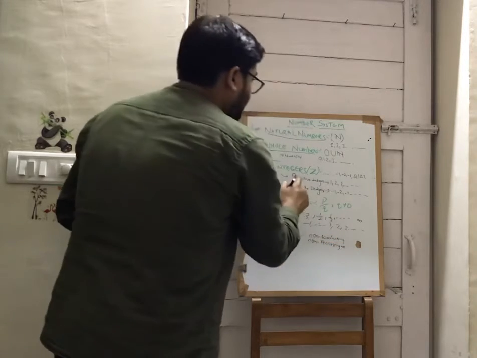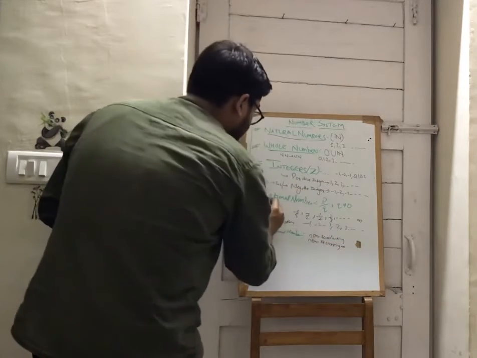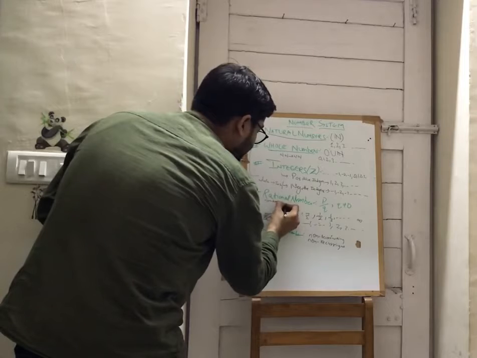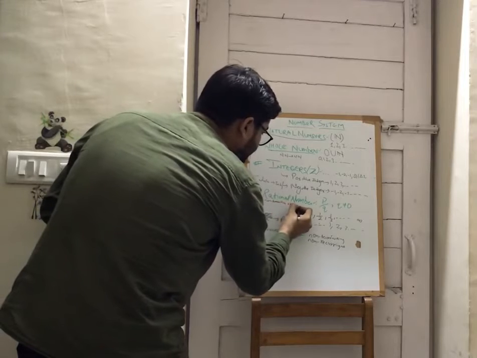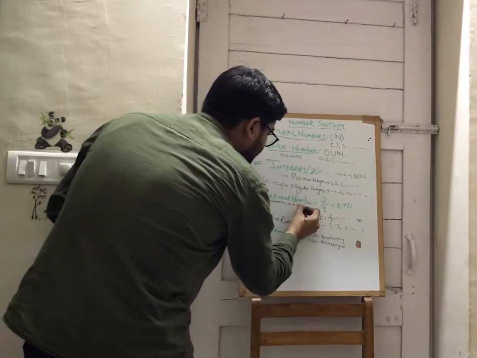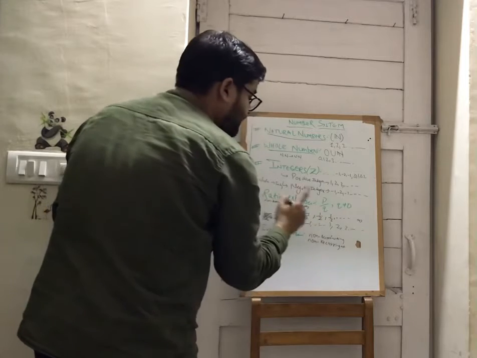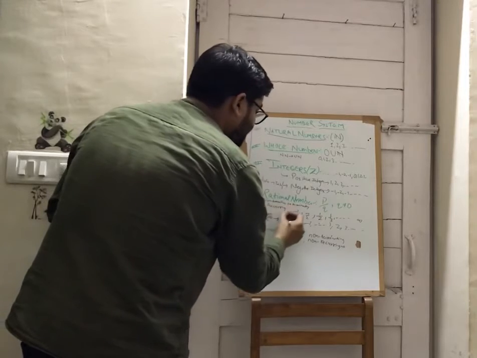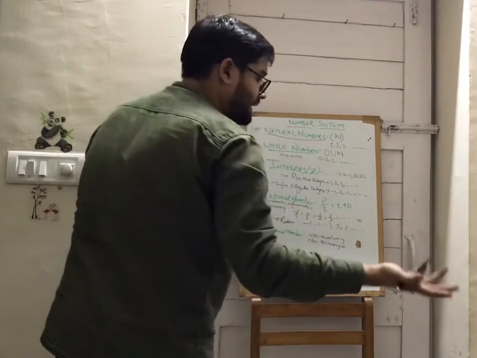A rational number can be terminating, or non-terminating but recurring. If it is non-terminating but recurring, it is a rational number, or if it is terminating, it is also rational.